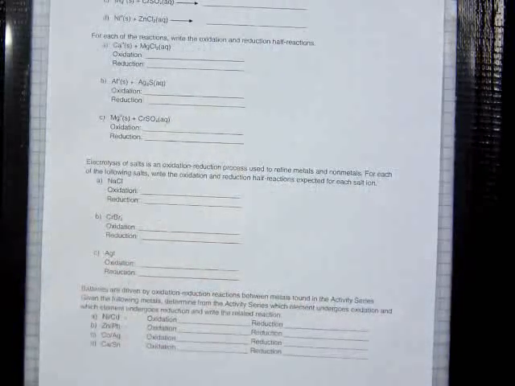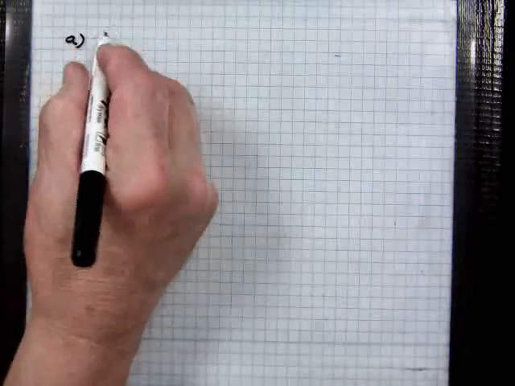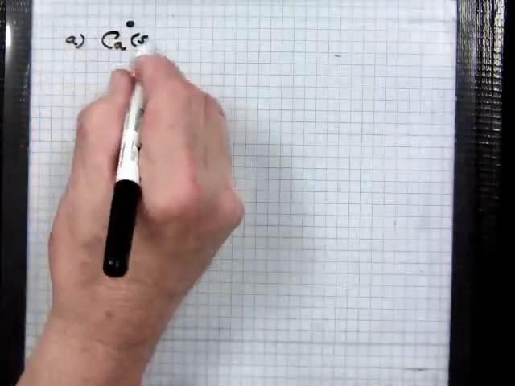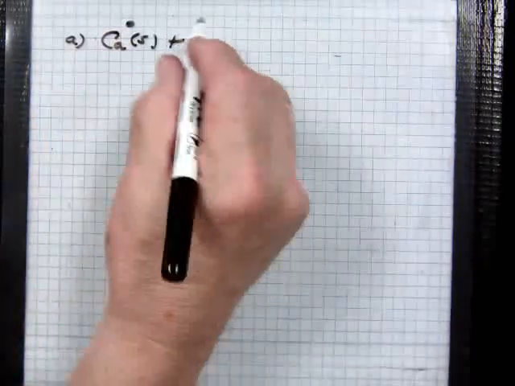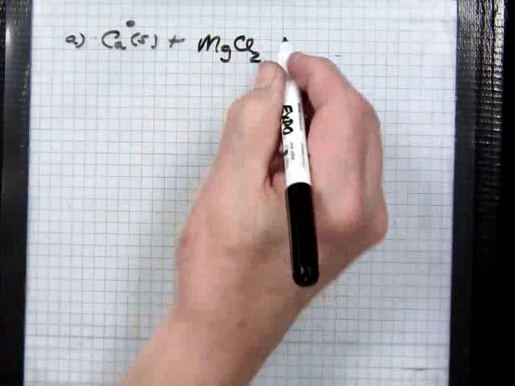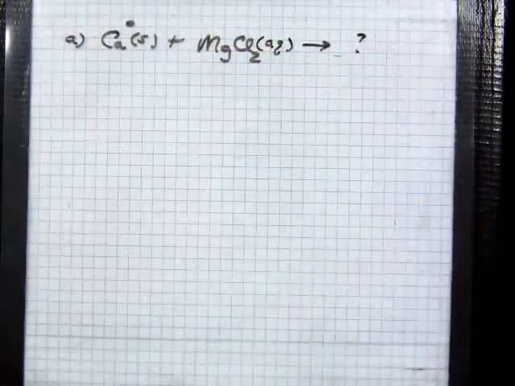Right here, it says write the half reactions. That's what I'm trying to teach you a little bit about. So, we're given calcium as a solid plus magnesium chloride, aqueous, goes to something over here.